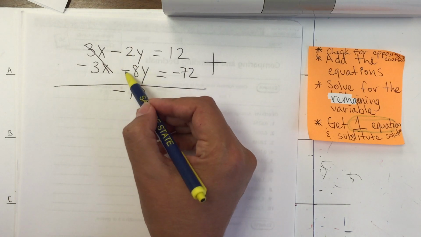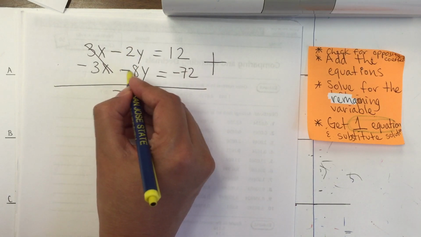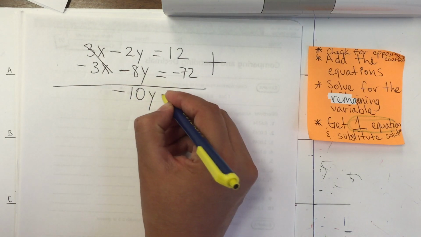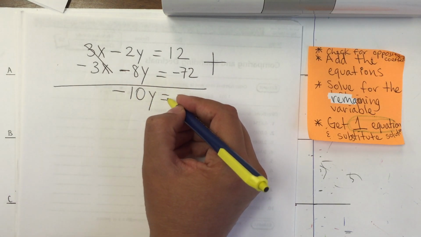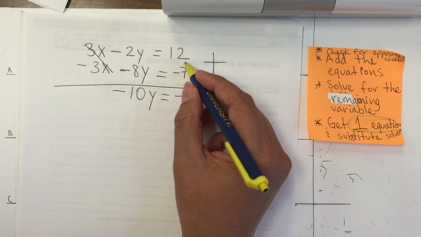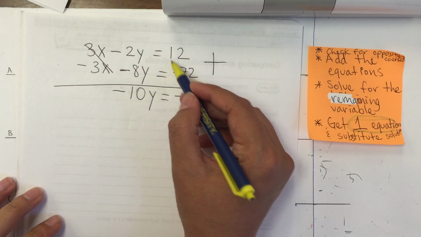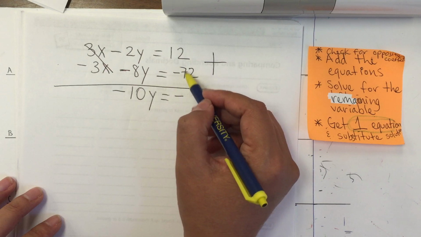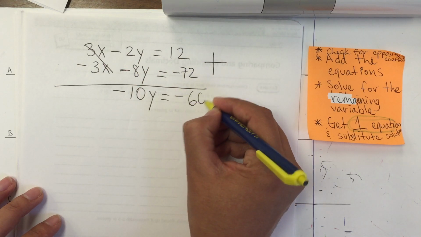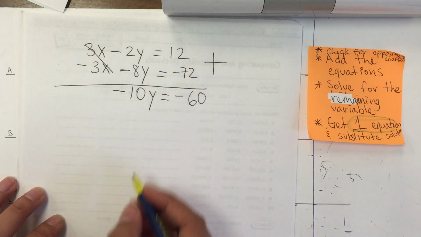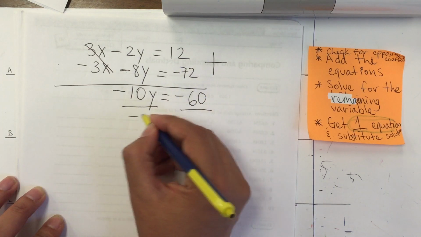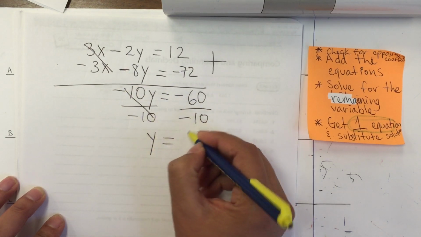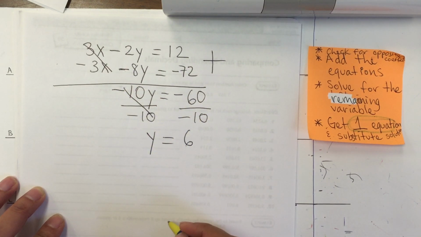Remember that when both are negatives, it's addition of negatives. And so it's going to be negative 10y equals negative, when we have different signs, we subtract and leave the sign of the bigger one. So 72 minus 12 is 60, and we leave the negative because the 72 is bigger. We divide both sides by negative 10, and so y is equal to positive 6.